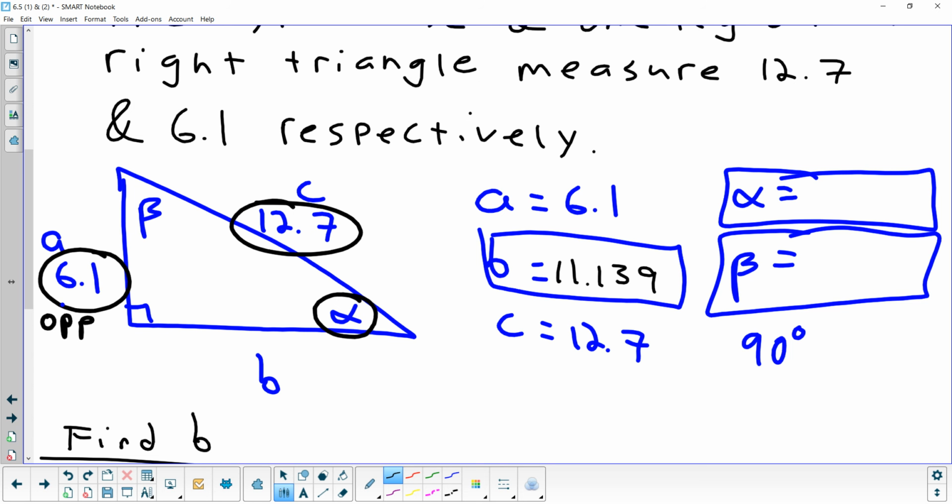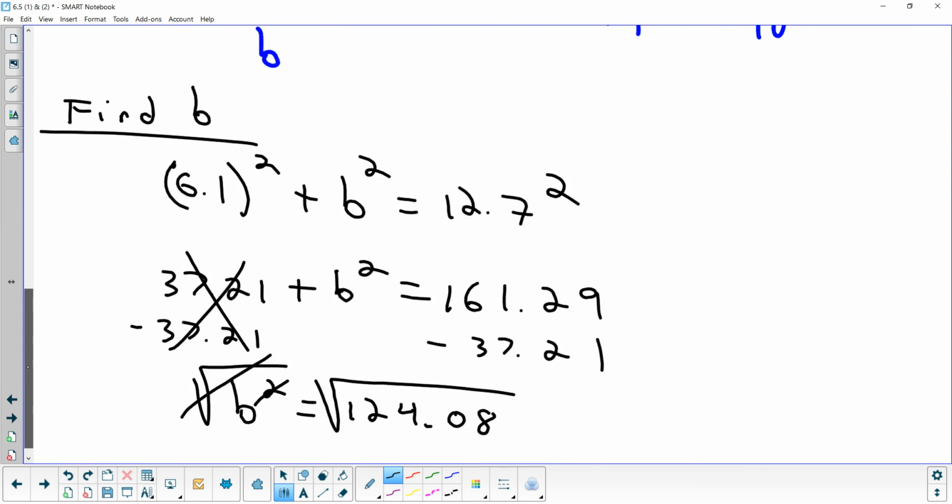And that's the one we're doing right now. How about the 12.7? Yep, it's my hypotenuse. Okay, so what trig function involves opposite and hypotenuse? Sine. So let's set it up.